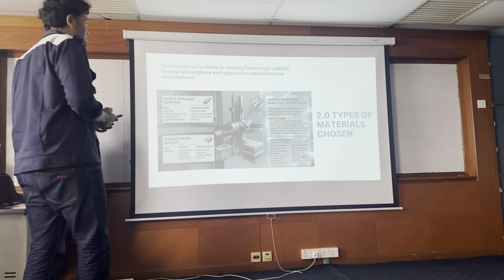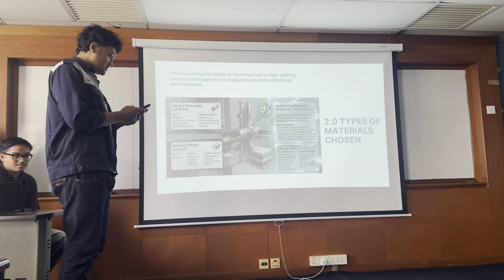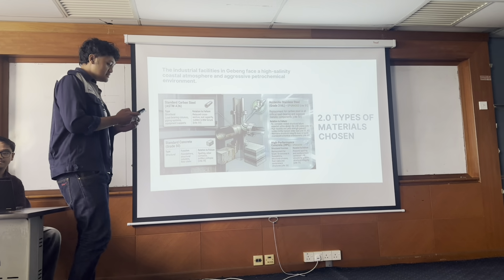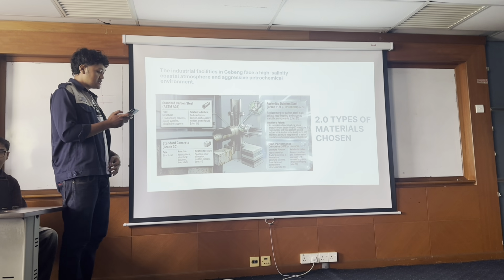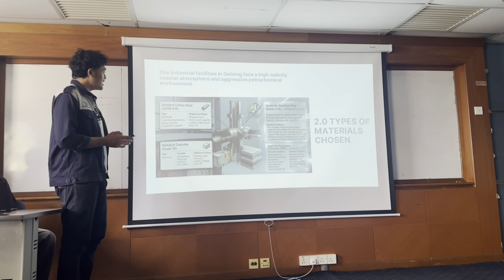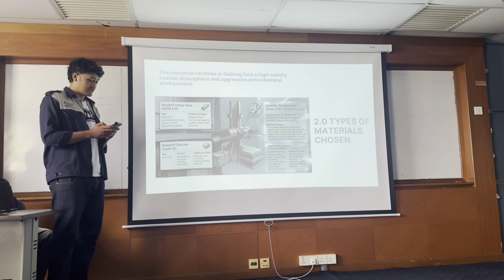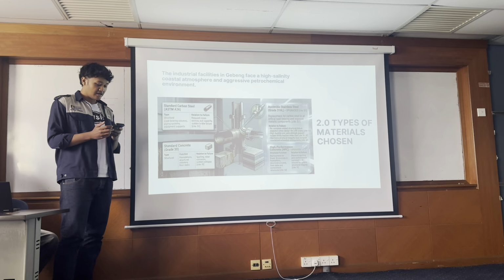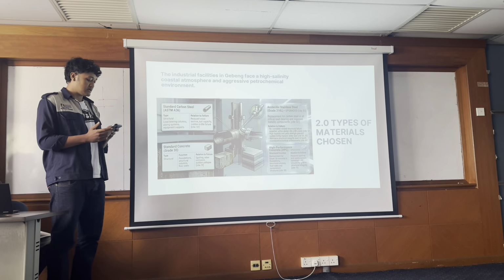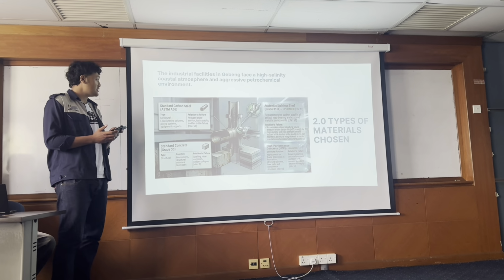Next is about the type of material chosen. The fundamental driver for our material selection is the environment at Gebeng Industrial Estate. We are dealing with a coastal area atmosphere and also an aggressive petrochemical environment.